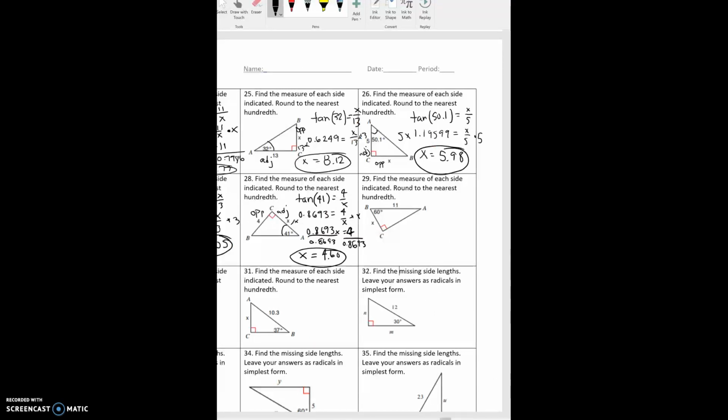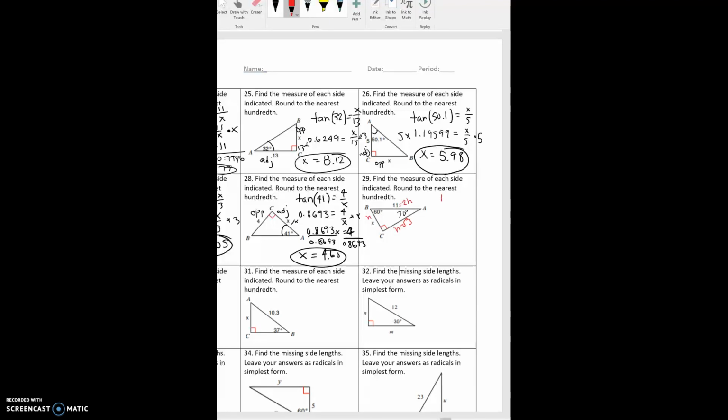Number 29, find the measure of each side indicated, round to the nearest hundredth. Well, first thing I notice is that this is 60 degrees, and if you recall your special right triangles, this has to be a 30, 60, 90. Therefore, we can label the sides. Next to the 30 degrees is h square root 3. The smallest leg is h, and the hypotenuse is 2h.